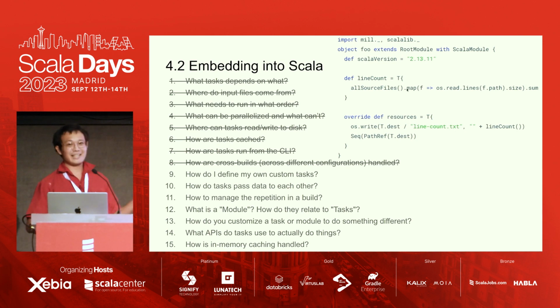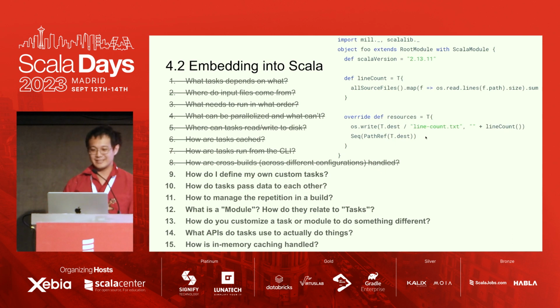But you can throw this at a new grad and ask them to read this. So I take all the source files, I read their lines, I get the size of the line count, and I return it. You look at this one: I write to the destination folder this line-count.txt, write the line count as a string, and I return the folder. So this should be pretty straightforward despite the small amount of annotation.